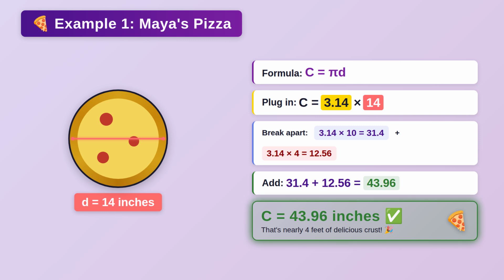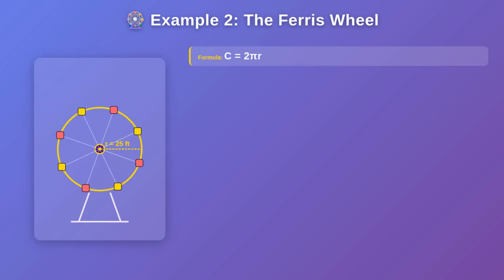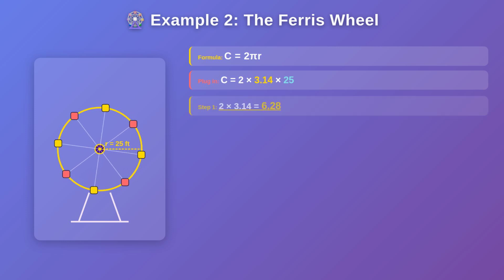Add those together. 31.4 plus 12.56 equals 43.96. So c equals 43.96 inches. Maya now knows the crust all the way around her pizza is about 43.96 inches long. That's nearly 4 feet of delicious crust. Boom! First one solved.